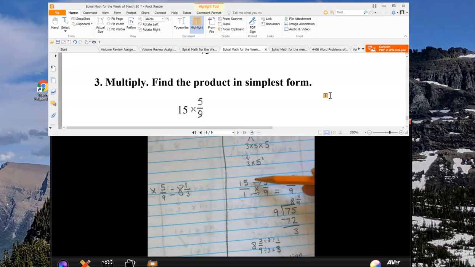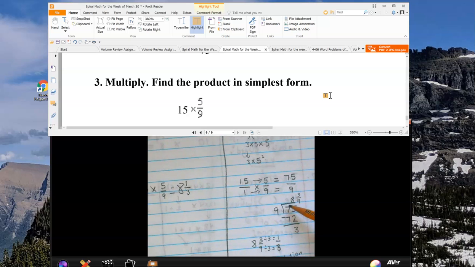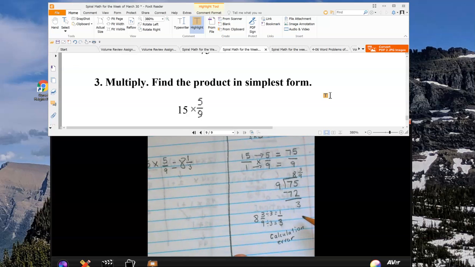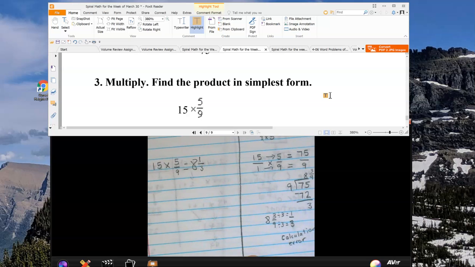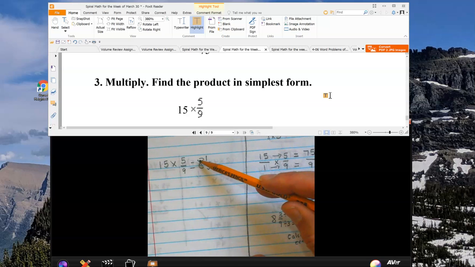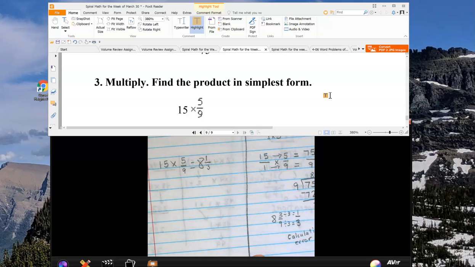So I know that 15 times 5 is 75. 1 times 9 becomes 9. I'm going to divide 75 by 9, and I'm going to get 8 with a remainder of 3 over 9 as my fraction. But I know I'm going to be able to simplify that, so I simplify it down. Earlier today, I made a calculation error, so I just wrote that down. I fixed it now. So now the correct answer is 8 and 1 over 3. We'll move on to number 4.